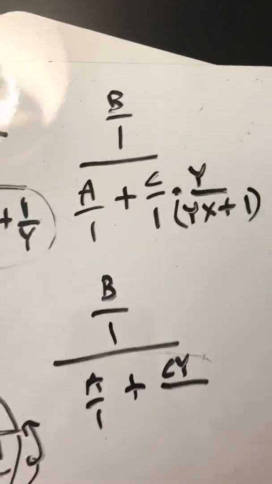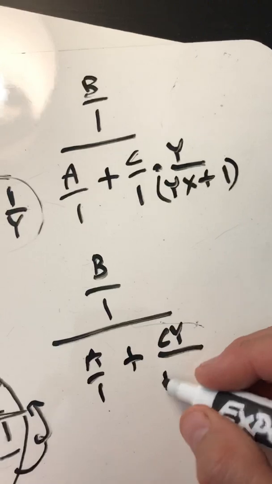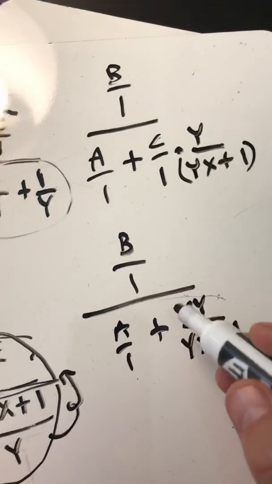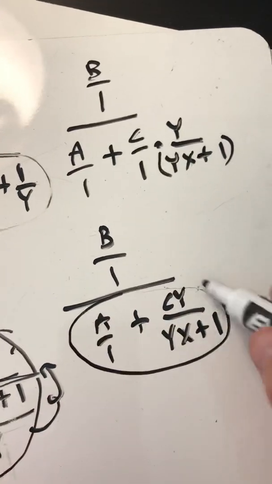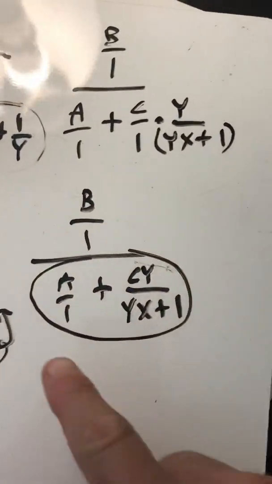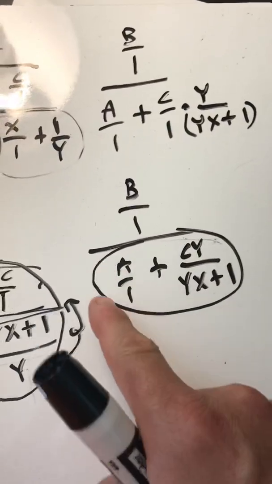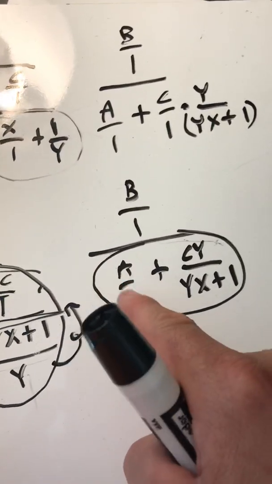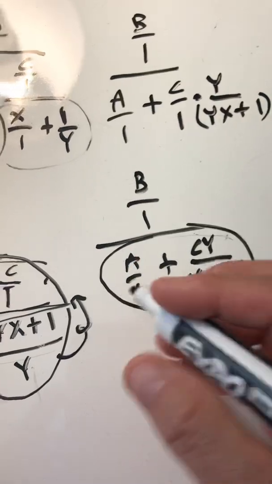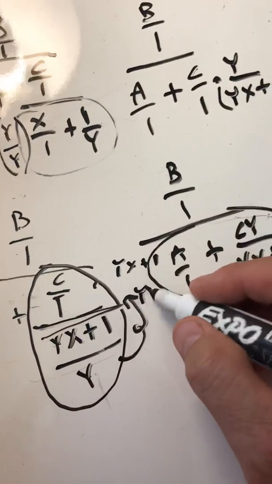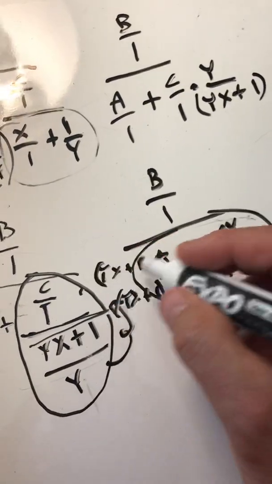But since it's just a 1, our denominator remains yx plus 1. Now I need to combine these with a common denominator, which in this case is yx plus 1. So I'm going to multiply by a form of 1, yx plus 1 over yx plus 1, top and bottom, on this term, right?